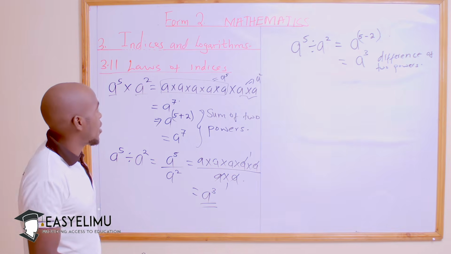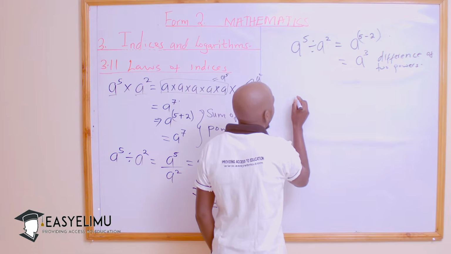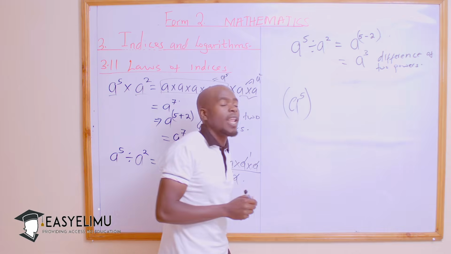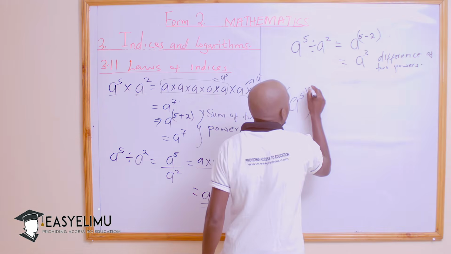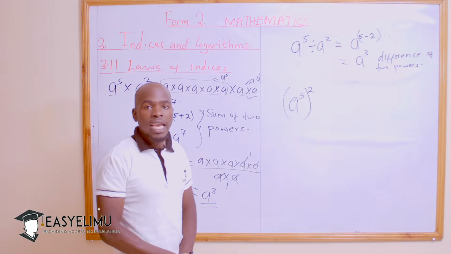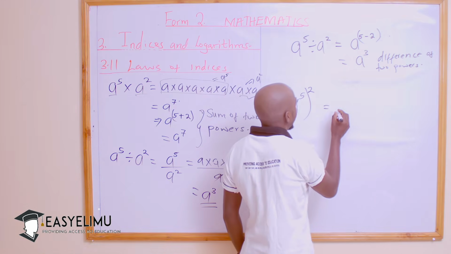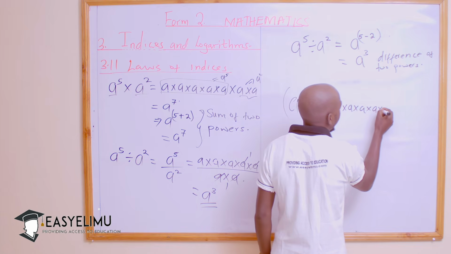We shall consider another one, whereby we have a raised to 5, but this one is bracketed and then 2 placed outside. In that case, this just means you have to take a multiplied by a multiplied by a 5 times.